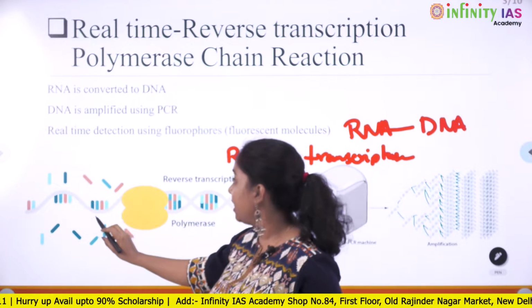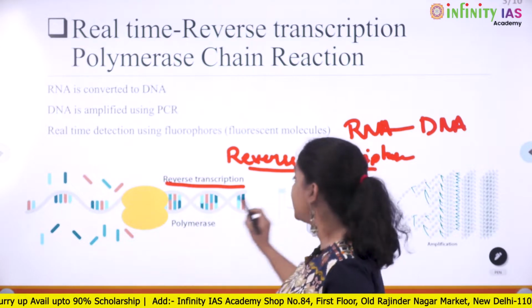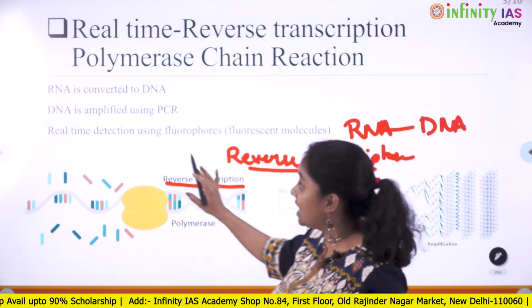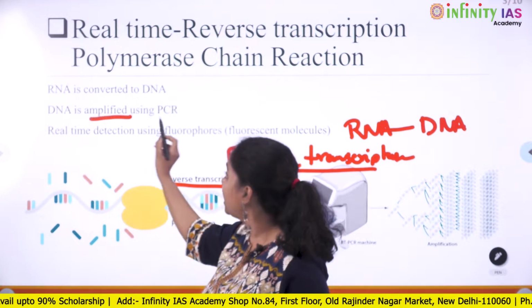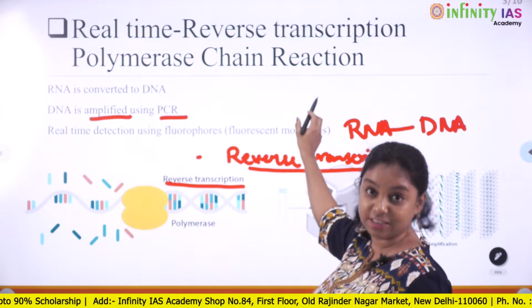So the given RNA, using reverse transcription and the enzyme reverse transcriptase, is converted into double-stranded DNA. This DNA is then amplified using a technique called PCR, which is polymerase chain reaction.